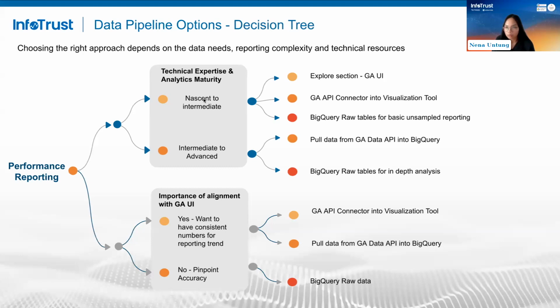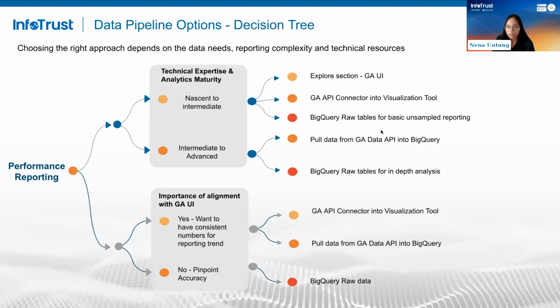And if you want to go a little step further, you can also start using the GA4 API connector to Looker Studio. However, if you are starting to hit some of the limitations within the UI or within the connector, you might consider upgrading to using the GA4 API by building a pipeline between the API and BigQuery.